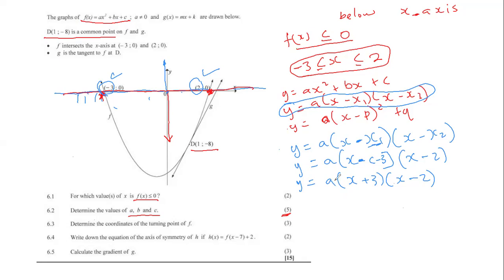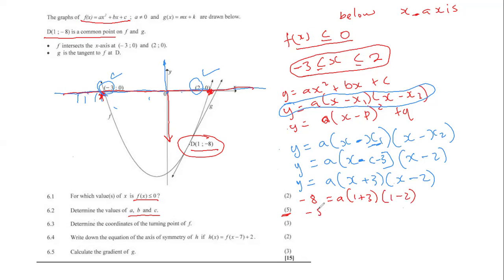So now let's get the value of a. To get the value of a, we can substitute any point on the graph. So the point that we're substituting, we have to make sure that it lies on that particular graph. All right. Let's substitute this point D. It's 1 and -8. So y is -8 equals a into the value of x is 1, so it's 1 plus 3 into 1 minus 2.